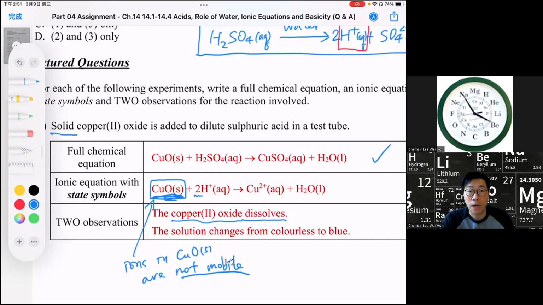For the other observation, be careful, because I found some of your work just putting down the resulting color. Actually, in chemistry, when we write observations, if there is a color change, you have to mention the color change. So in this case, from colorless to blue is the second observation.